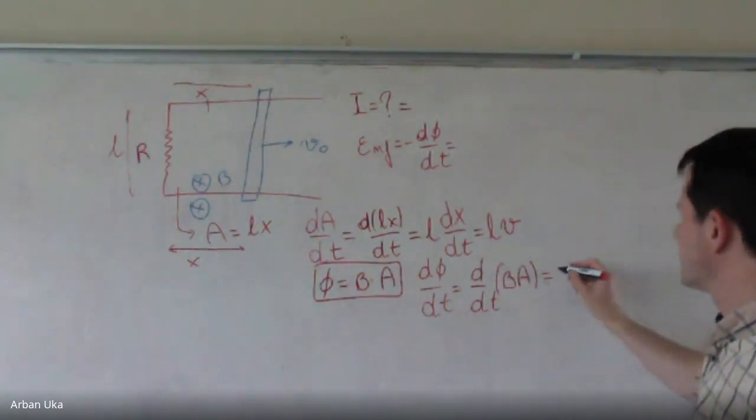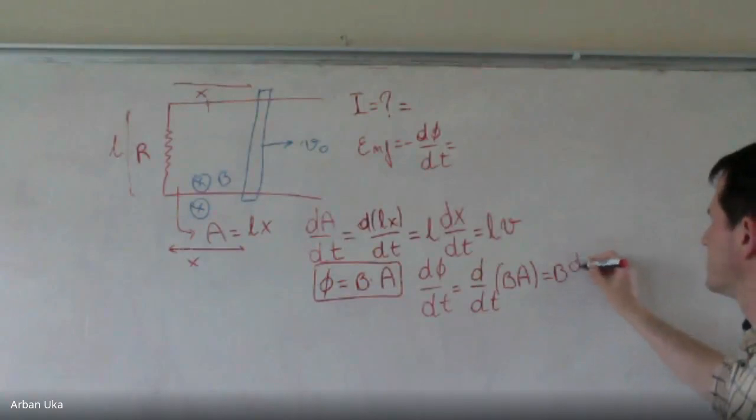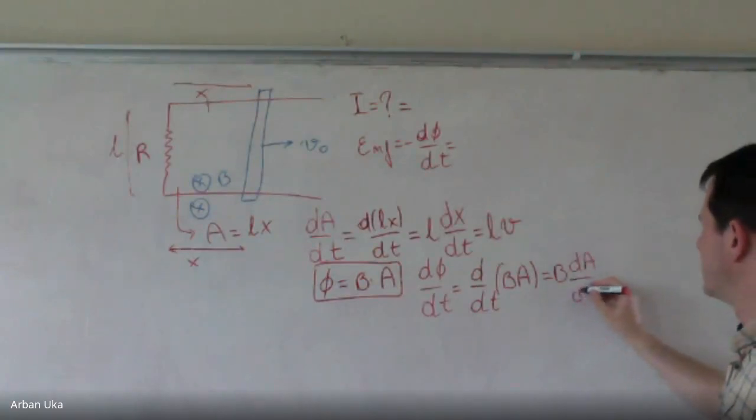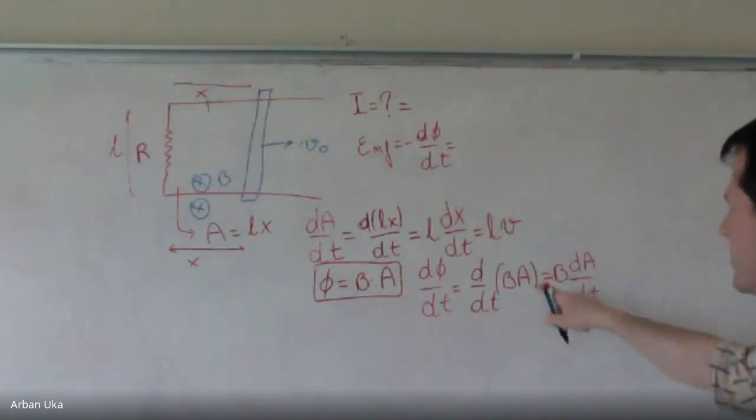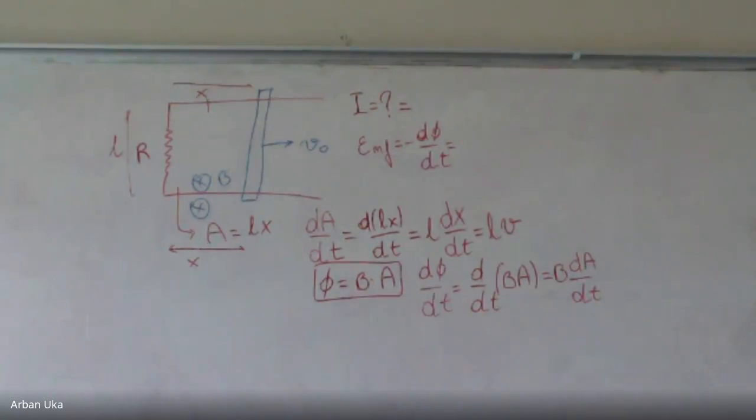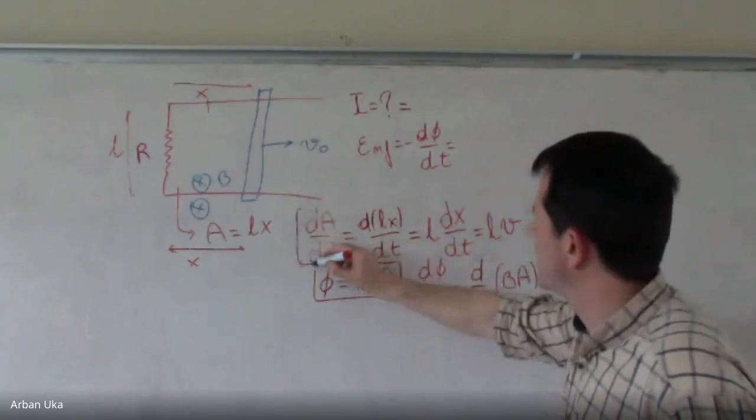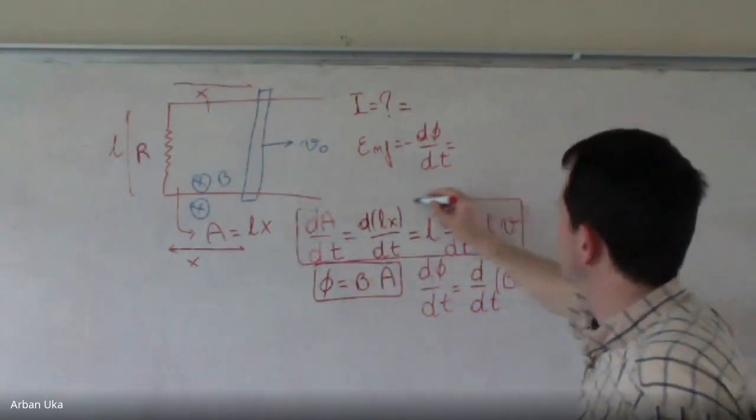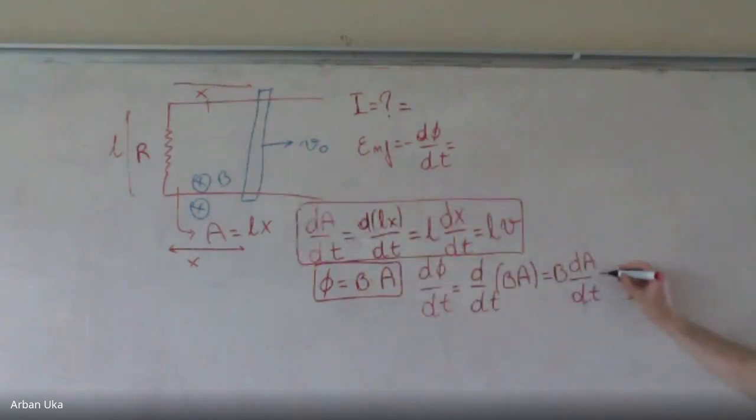B is a constant, so we can take it out, and we are left with dA over dt. We found here that it was equal to LV, so this is B L times velocity. So this is d flux over dt.